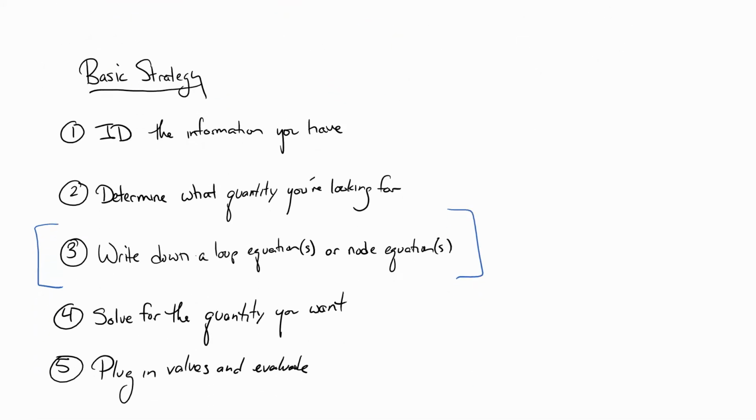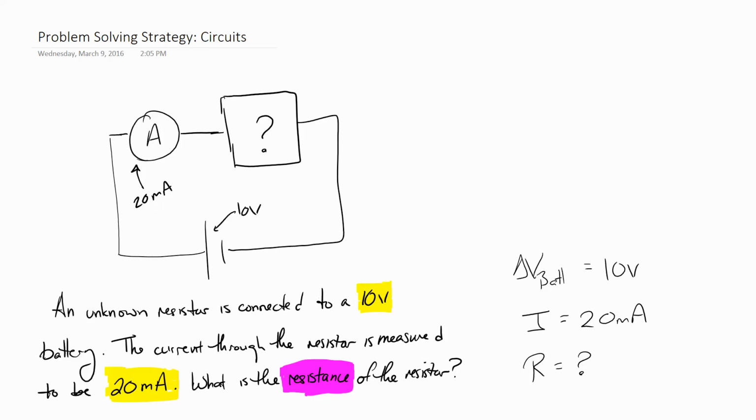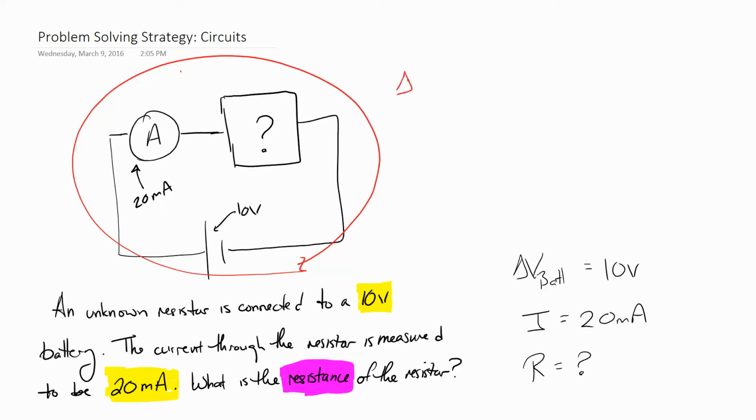Next, I want to write down a loop equation or node equation. Well, there are no nodes here. There's no place where there's a split in the current, but there is one loop. I'm going to go around like this. And so, delta V loop. I have a battery. And I have, ammeter doesn't count. It's not an element in the circuit.